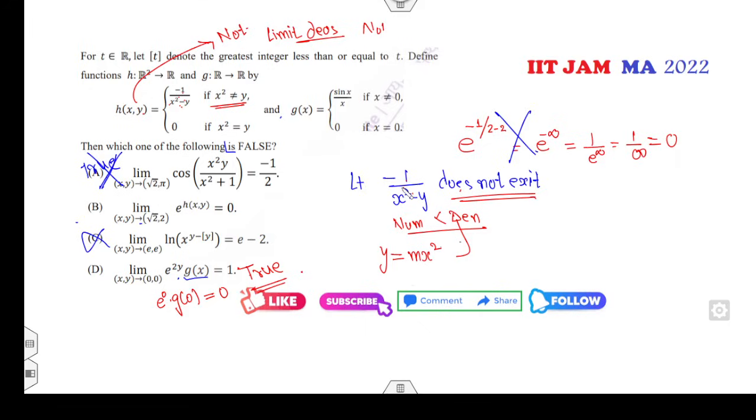So once the limit of h(x,y) does not exist and you can't substitute directly, the answer is does not exist. But he said 0. That's why this statement is false, and the right answer is B. On the other hand, in g, the limit exists. They are not continuous, but the limit exists. Clear?